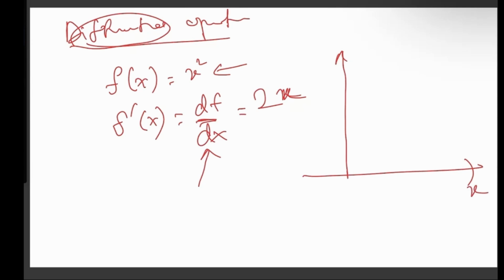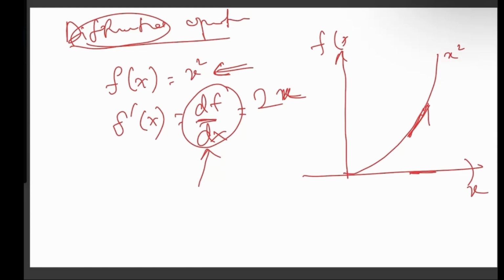Here, this is f(x), so f(x) equals x squared. df over dx means that we check the slope here. df here, dx here.